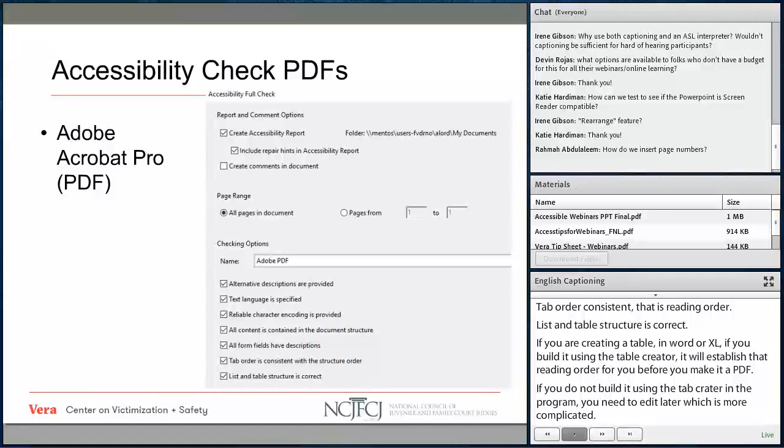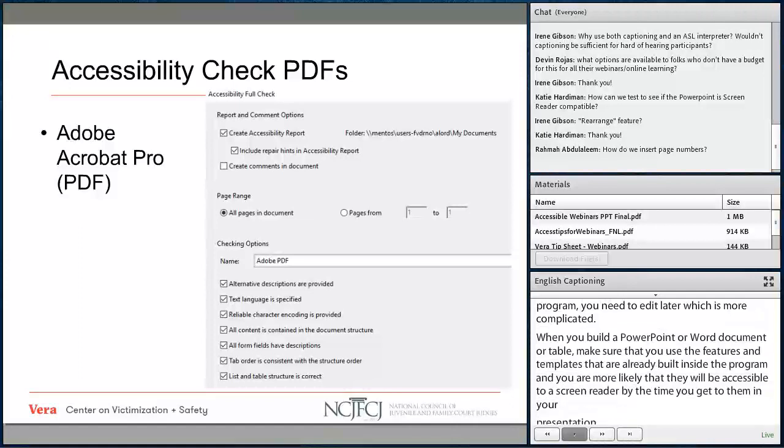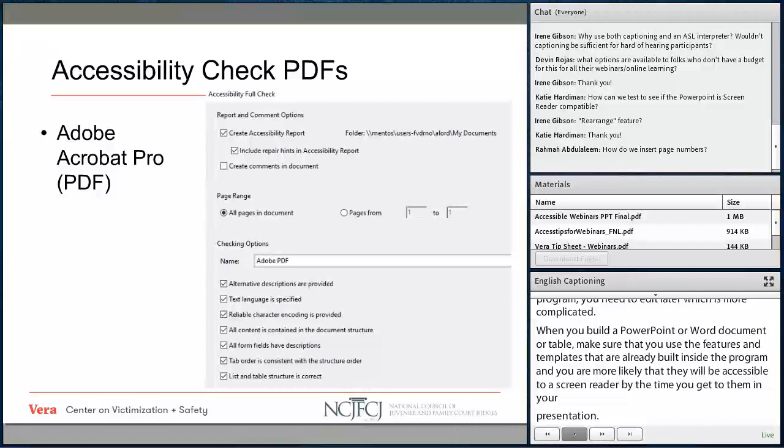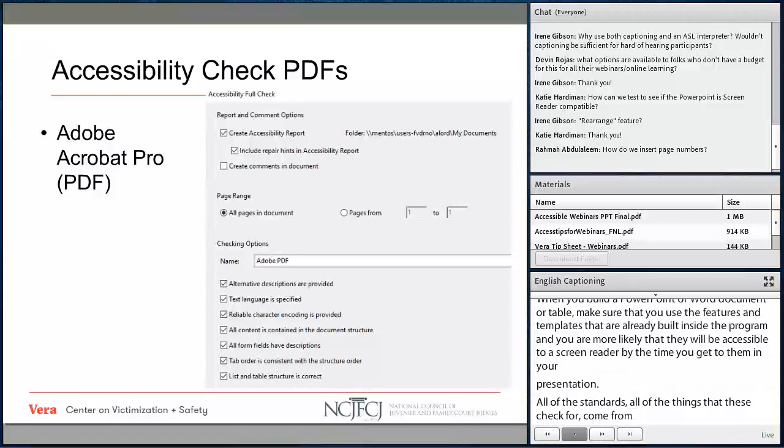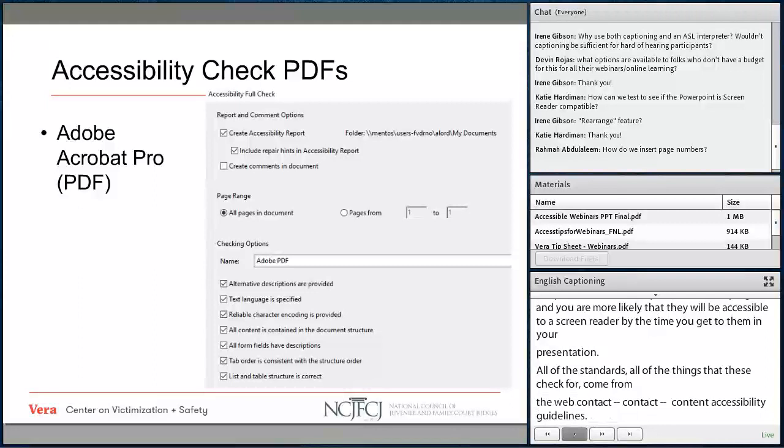All of these standards, all of the things that these check for, come from the Web Content Accessibility Guidelines. I know that we were talking about the ADA, the Americans with Disabilities Act, Section 508 of the Rehab Act, as kind of like a floor for where you need to start in terms of accessibility, but anything that's posted online, there is another set of guidelines that is a better best practice to shoot for, and there are links to that in the presentation as well, and they're called the Web Content Accessibility Guidelines, and we are on version 3.0 right now.